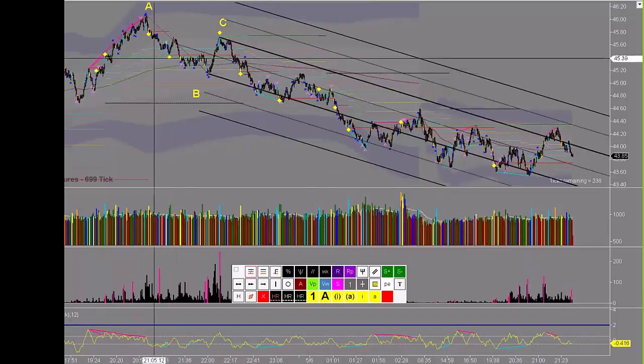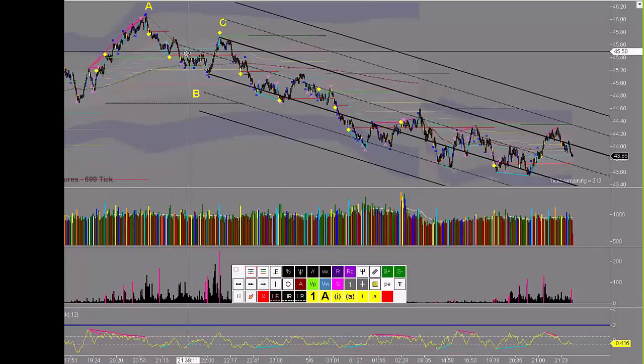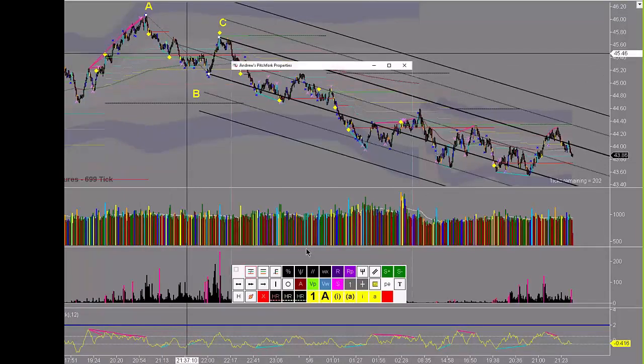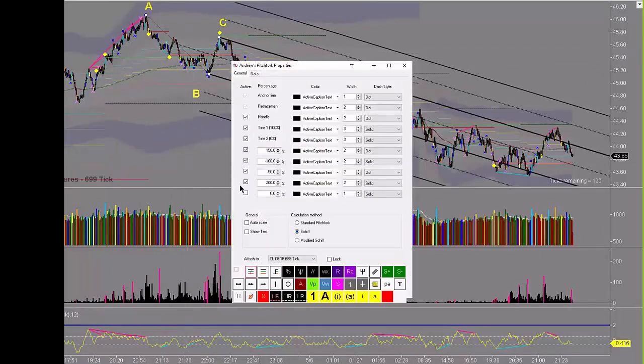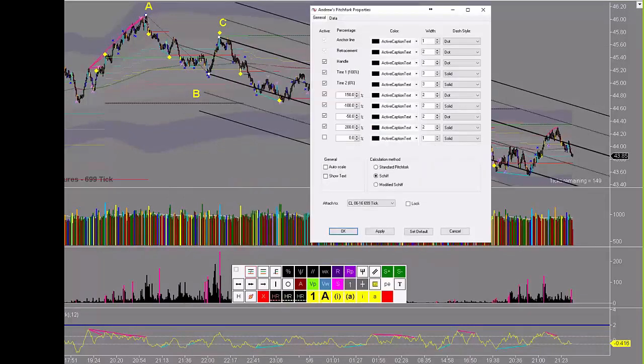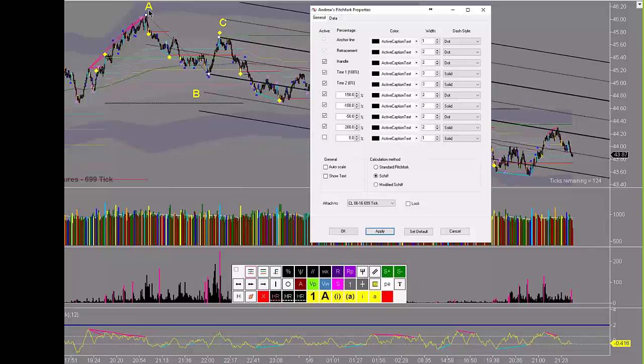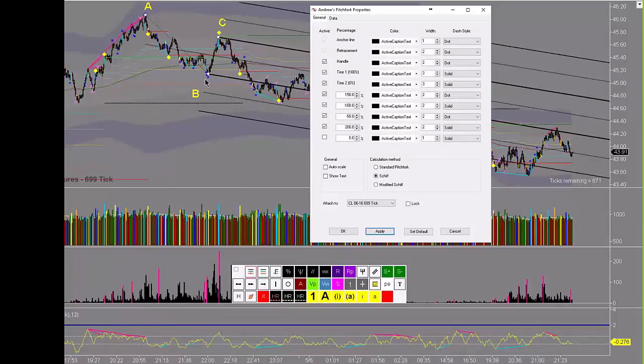So just to go back a little bit, a Schiff pitchfork moves 50% in price from your A to your B. So if you were to draw a horizontal line out here, I'll have to cancel that.